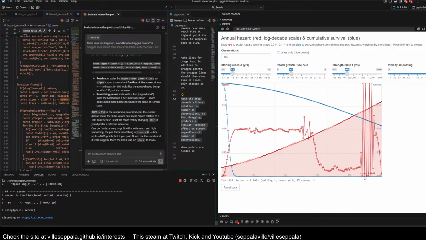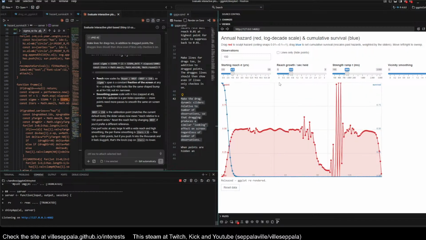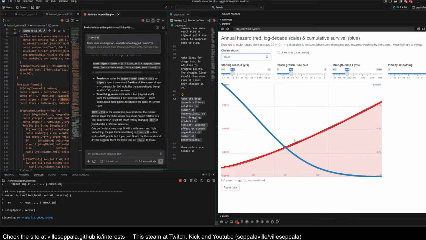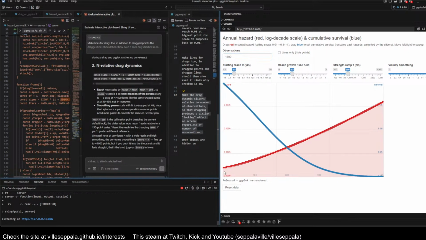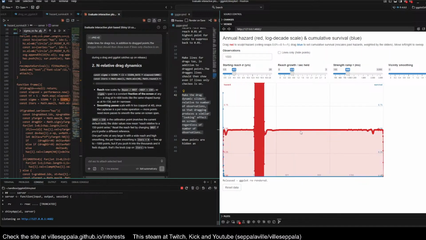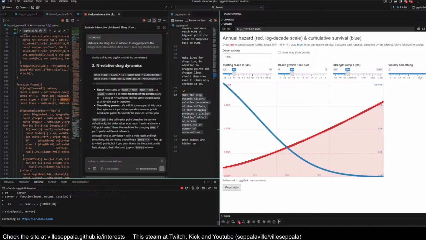I don't know. There's something with this. Yeah, I think it got screwed up because of this. Because I wanted to have this dynamic work for kind of all the number of observations, and I'm not really sure how it works.